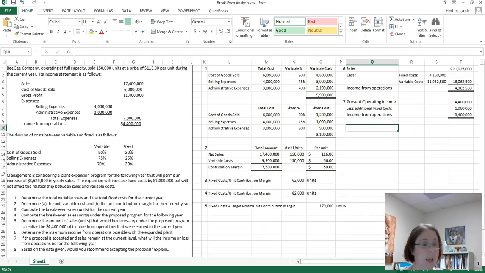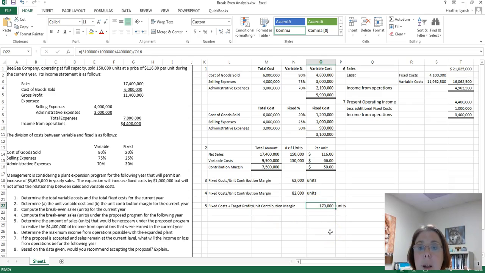Now they're saying, based on the data given, would you accept the proposal? One thing I pointed out, we're at full capacity, 150,000 units. To get our target price, we have to do 170,000 units. Okay. Our break even currently to earn nothing, just to have a even out, we had 62,000.